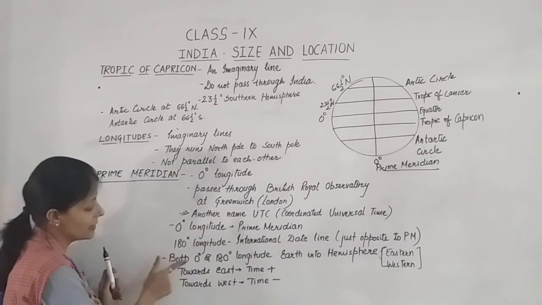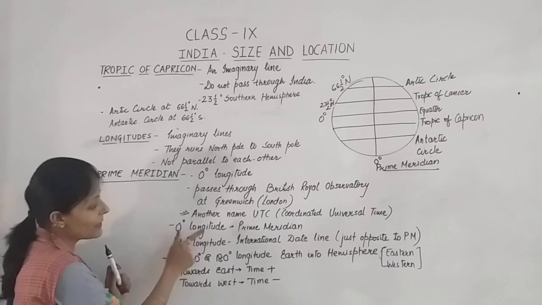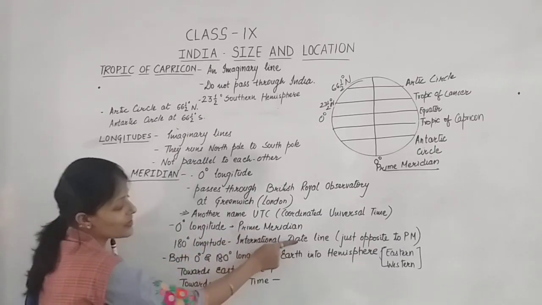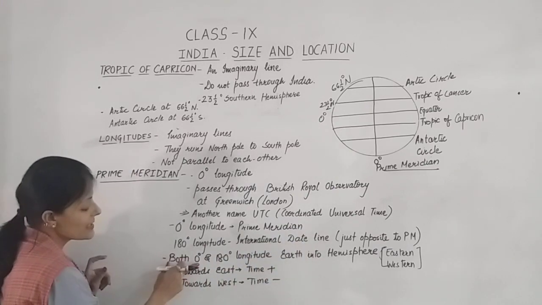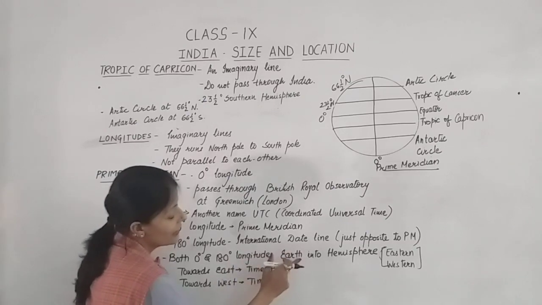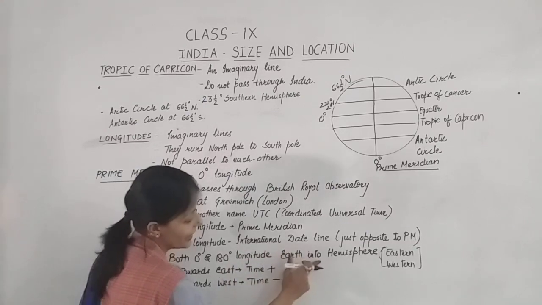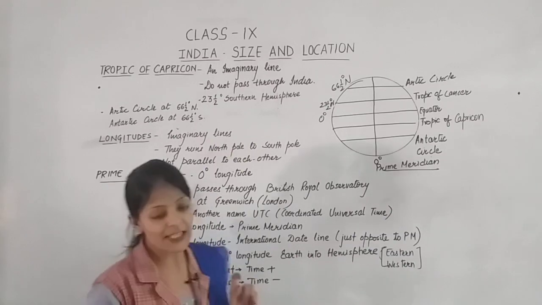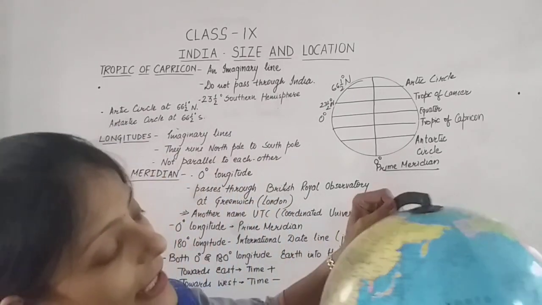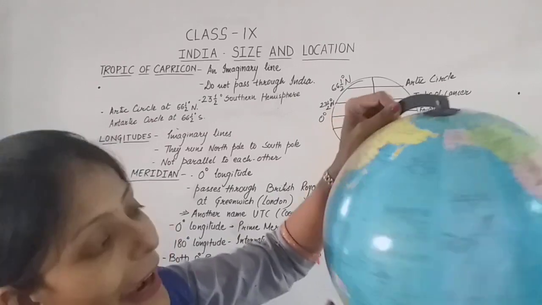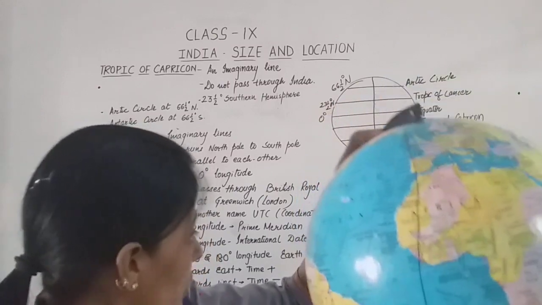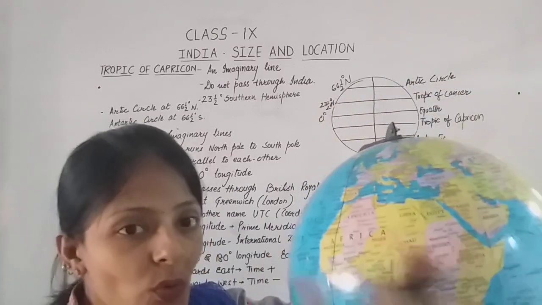So 0 degree means the prime meridian, whereas 180 degree longitude means the international date line. Both 0 degree and 180 degree longitudes divide the Earth into hemispheres. These two lines, this prime meridian and this international date line, divide the Earth into two hemispheres.